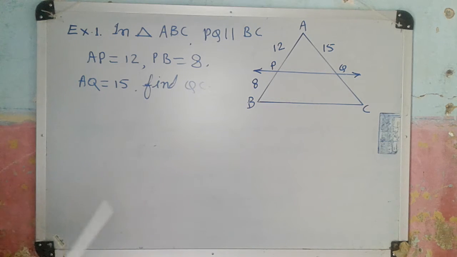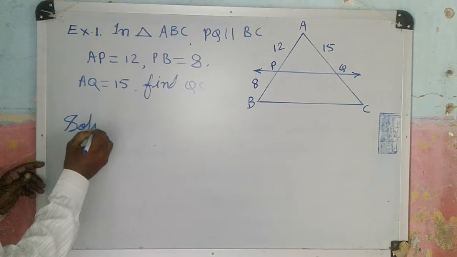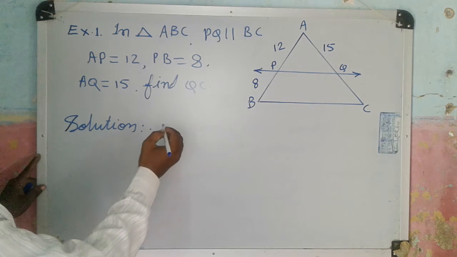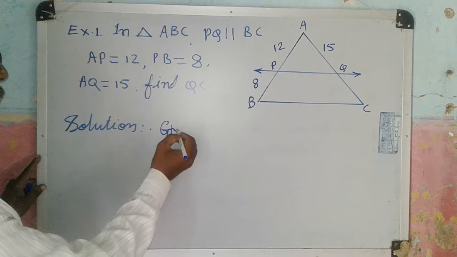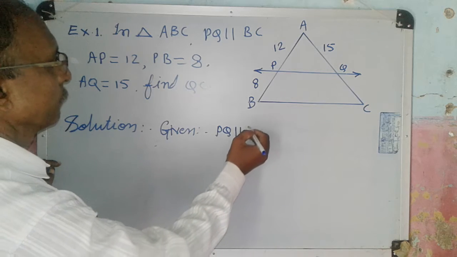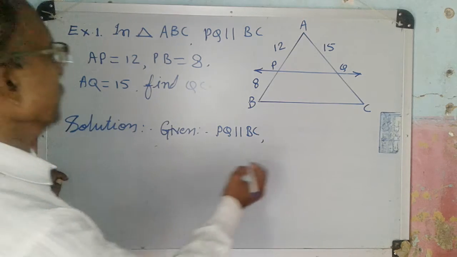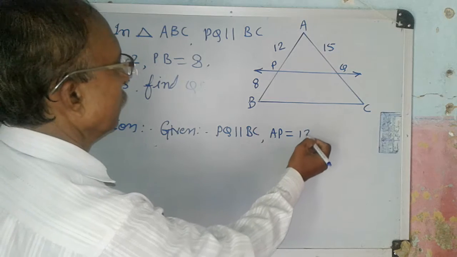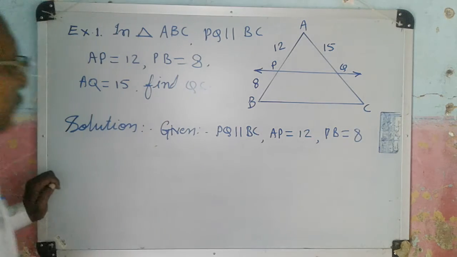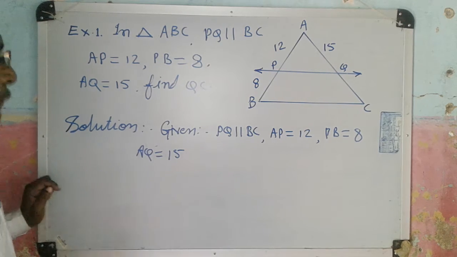Now here, given AP is equal to 12, PB is equal to 8, AQ is equal to 15.